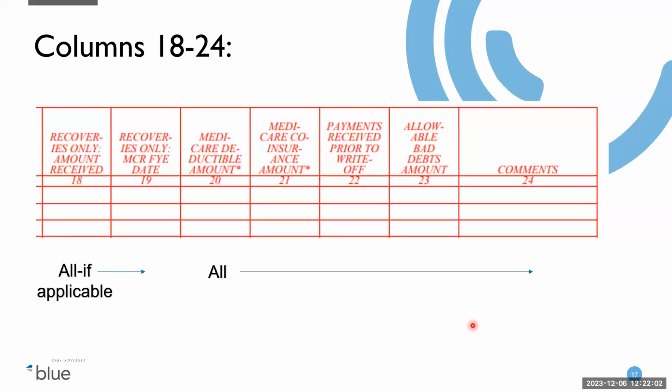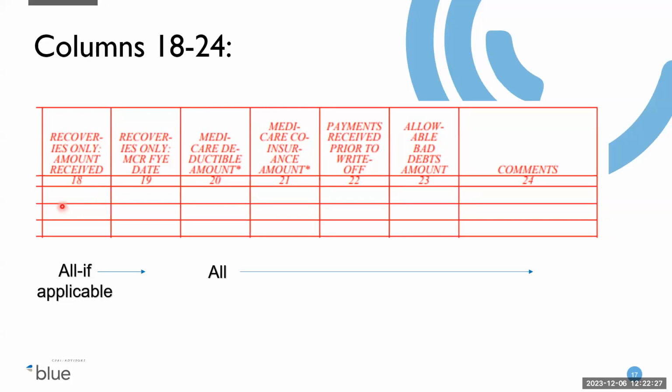Columns 18 through 24. The recoveries are also new. A recovery is a payment on an account that you previously have claimed as Medicare bad debt. So you're going to want to subtract it out of the current year. This first column here, 18, is going to be the amount you received.